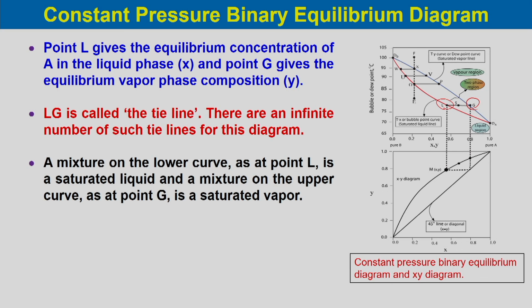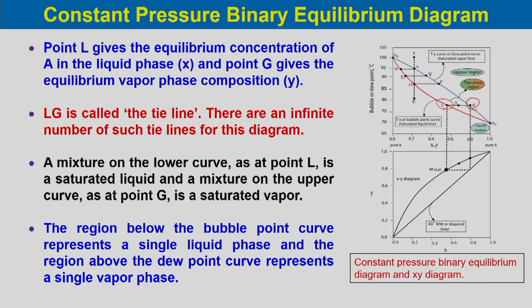A mixture on the lower curve, at point L, is a saturated liquid, and a mixture on the upper curve, at point G, is saturated vapor. Now, what about the region in between these 2 points L and G, the region below L, and the region above G?